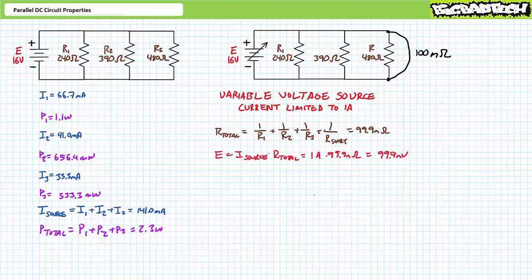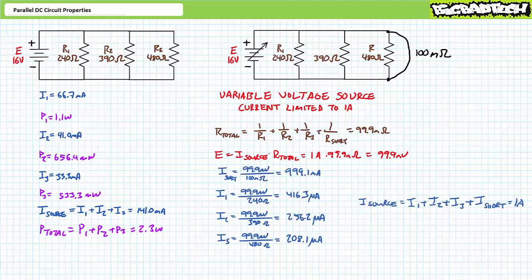An application of Ohm's law demonstrates that the current limited voltage source needs to provide only roughly 99.9 millivolts, such that 1 amp flows through this system. A majority, 99.1 milliamperes, travels through the short, 416.3 microamps travels through R1, 256.2 microamps travels through R2, and the remaining 208.1 microamps travels through R3.